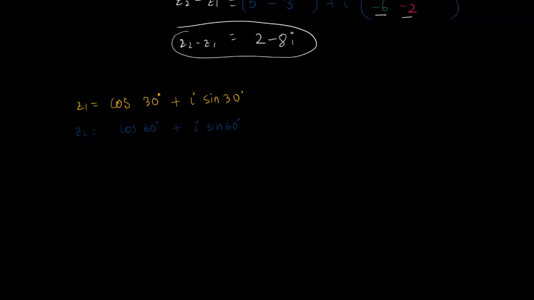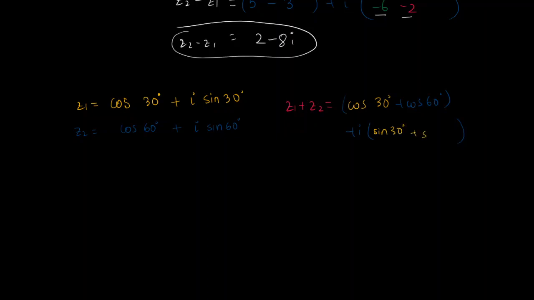If you wanted to add these two complex numbers, z1 plus z2, what will this be equal to? The real part is equal to cos 30 plus cos 60. The imaginary part is equal to sine of 30 plus sine of 60.